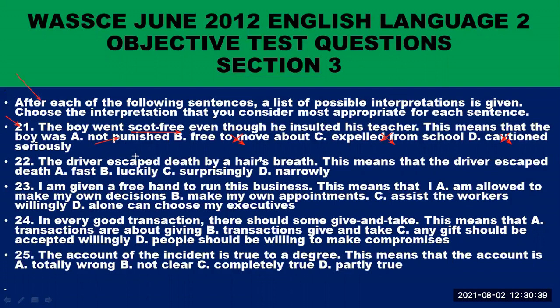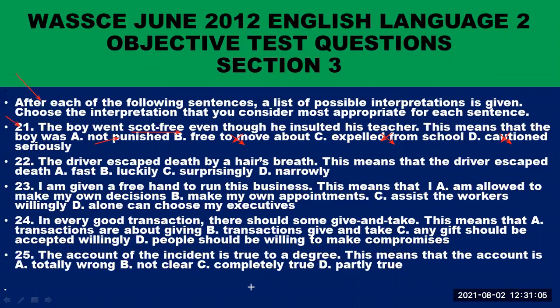The boy went scot-free, even though he insulted his teacher. There's another context clue here: "even though" is a kind of contrast. It introduces contrast to an idea. Now we know the boy who insulted his teacher is supposed to be punished.